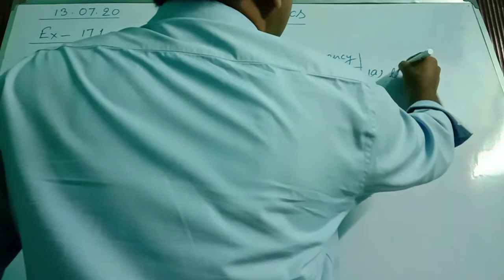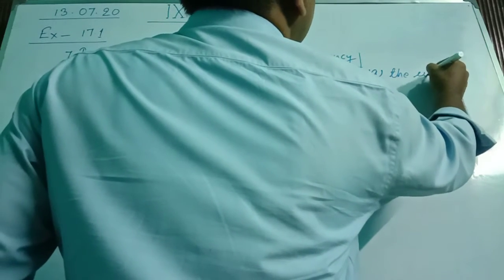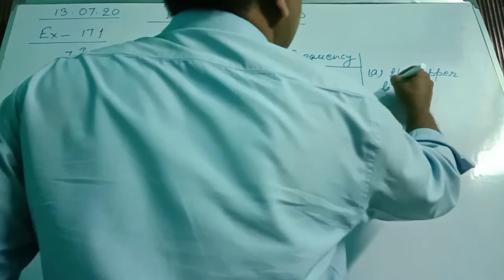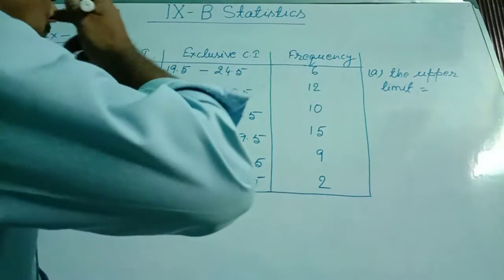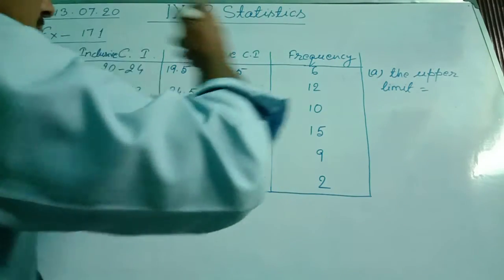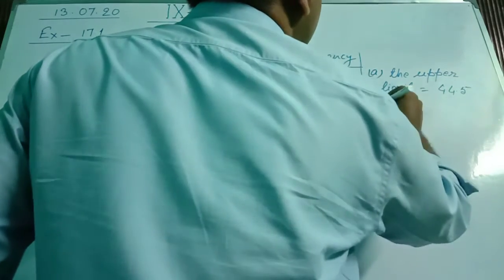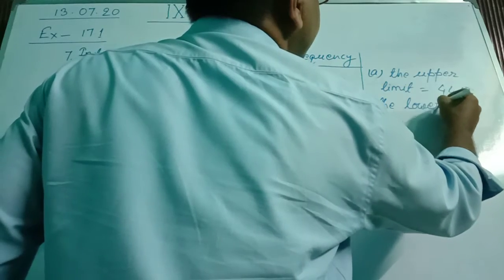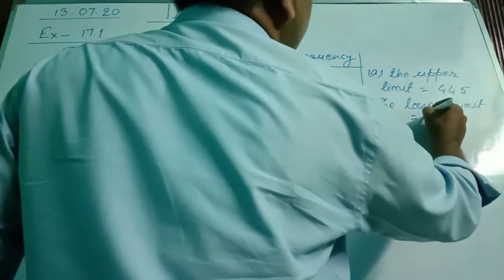So the upper limit is equal to 44.5 and the lower limit is equal to 39.5.